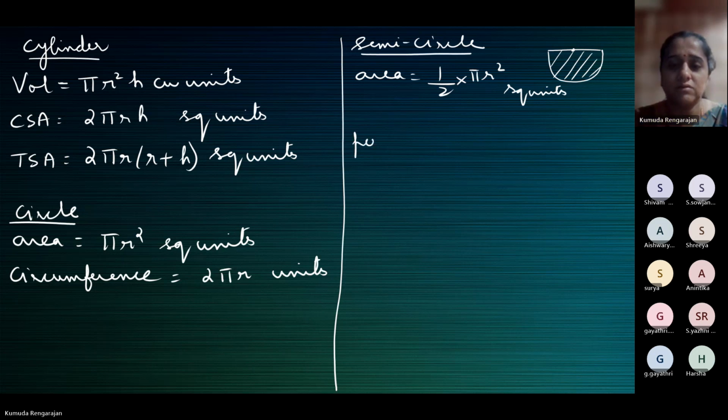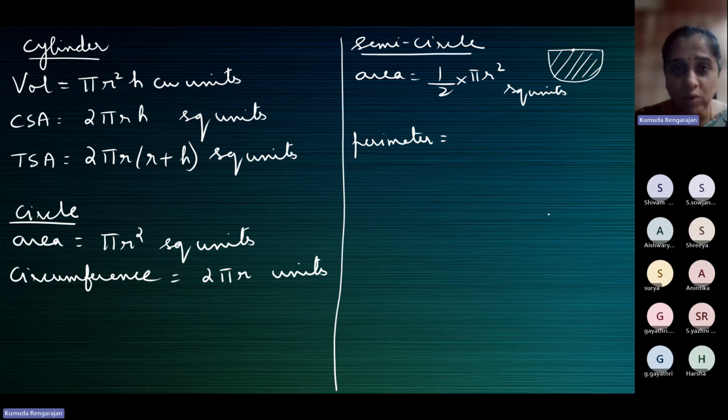Perimeter of a semicircle. See, the semicircle is a closed region, and perimeter is the length of the boundary. So if you walk along the boundary of a semicircular region, you would be walking along this arc and then along this line segment.